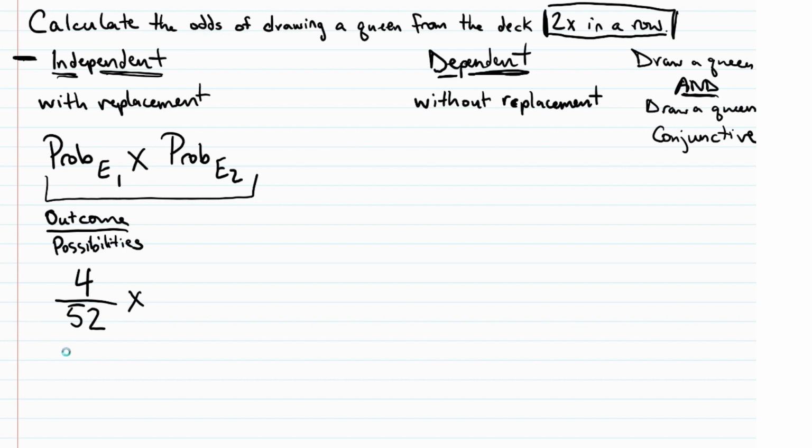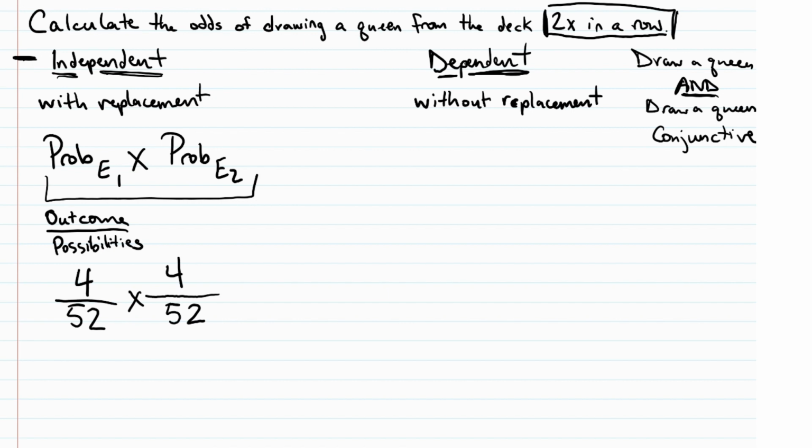Even if I get my queen in the first event, I still have to put it back in the deck. And so the deck is going to look exactly the same for my second draw as it did for my first draw. So once again, there are 4 possible successful outcomes, divided by 52, the total number of possible outcomes.